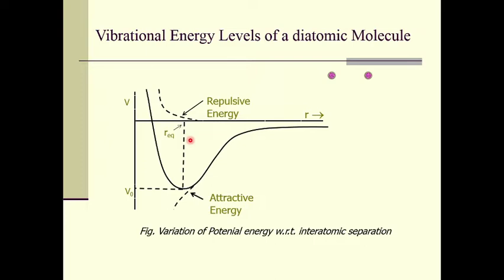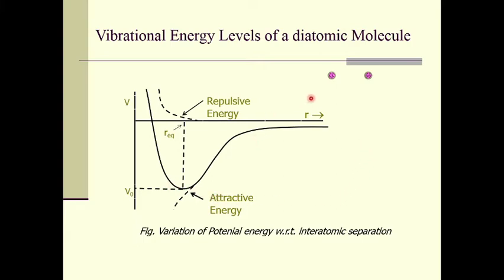R equilibrium is the distance at which the two atoms settle, and where the repulsive force and attractive force between the two atoms balance each other, and therefore we get the stable molecule, right. So we can say at this point the potential energy of the molecule will be minimum, right.